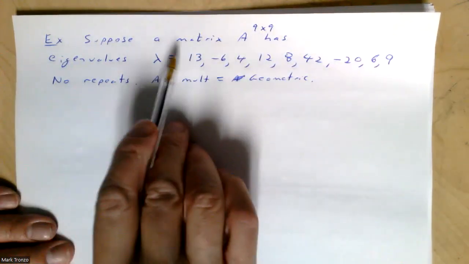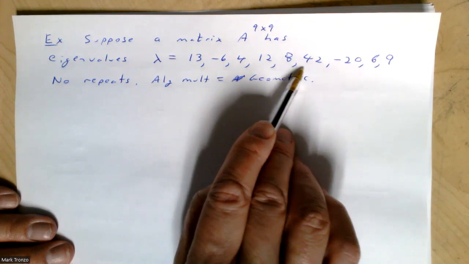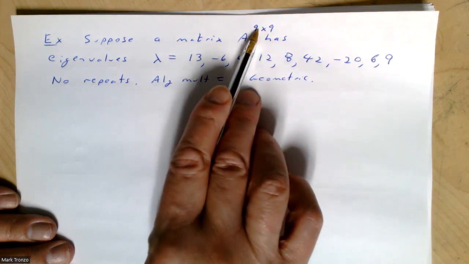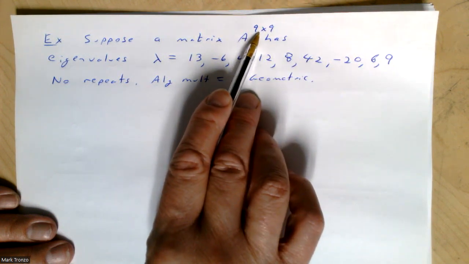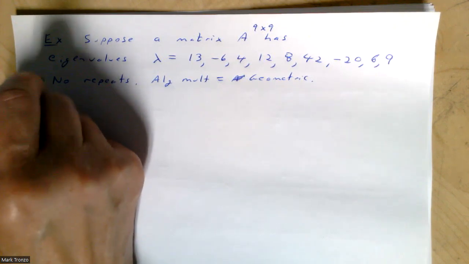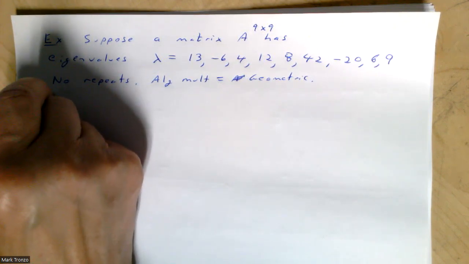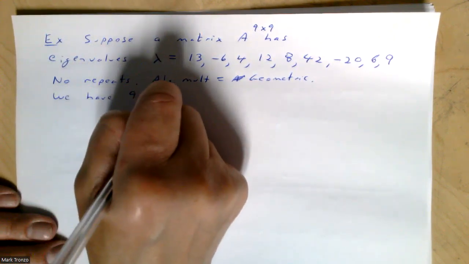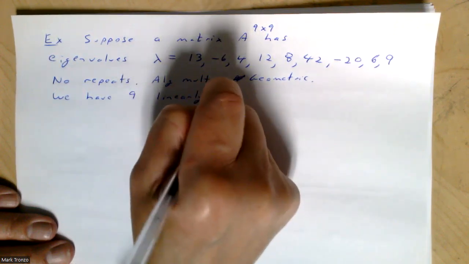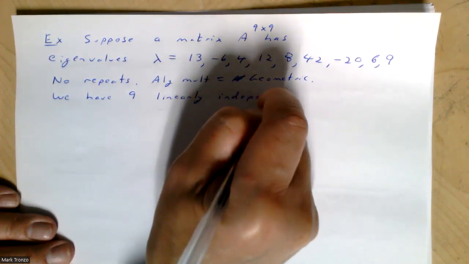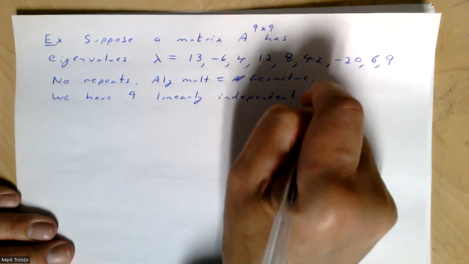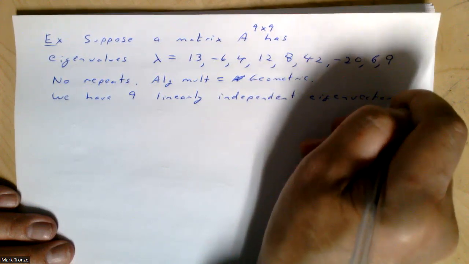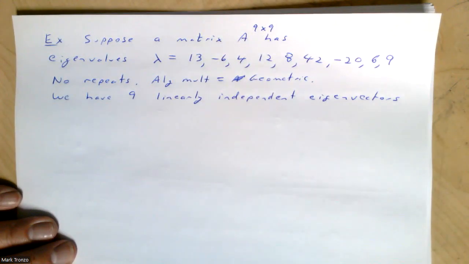That means if the eigenvalues are all different, then in this case you will end up with 9 linearly independent eigenvectors, and that's equal to the size of the matrix.